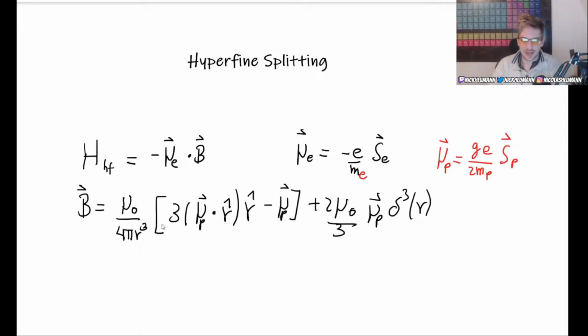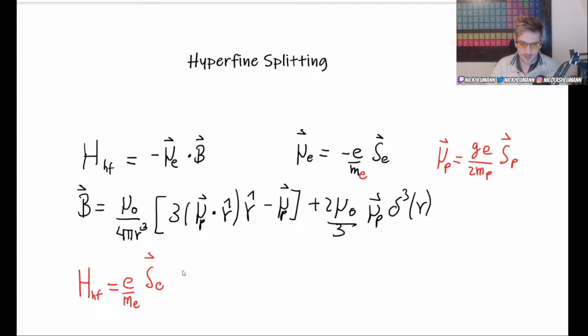So let's plug everything into our Hamiltonian. So the magnetic field and the magnetic dipole moment for the electron. So the Hamiltonian for the hyperfine structure will be minus this thing. So minus minus will give us plus. So we get e over m_e times the spin of the electron times now the magnetic field. So we have 2 terms.